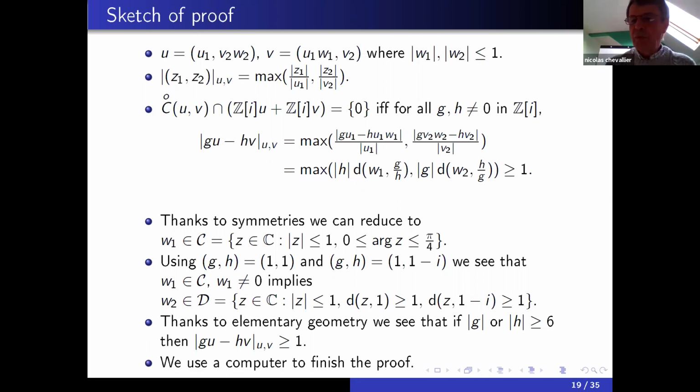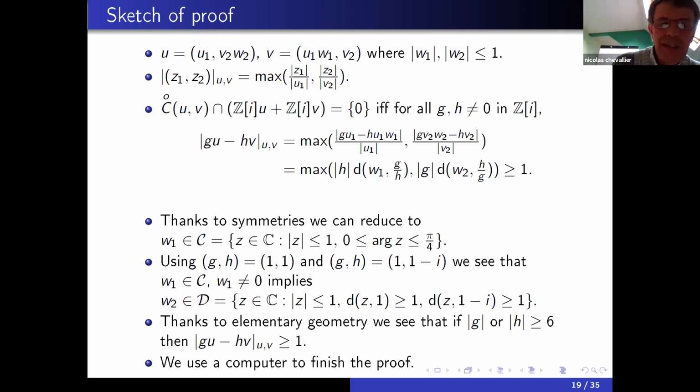We can finish the proof with the computer, because we can compute for each of these pairs G and H the distance from G over H to C and the distance from H over G to D. This is what we can do.